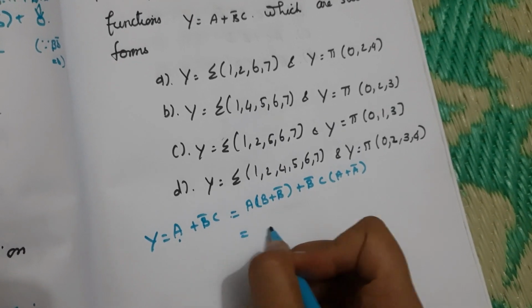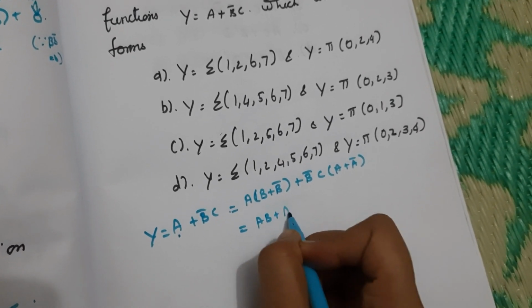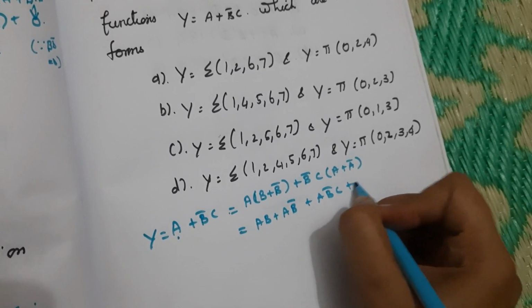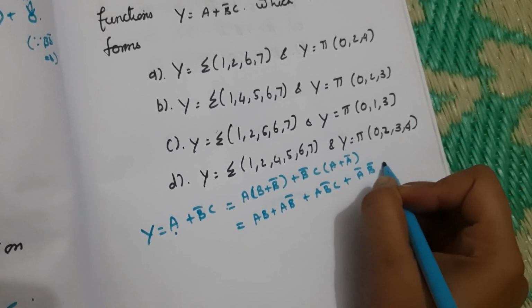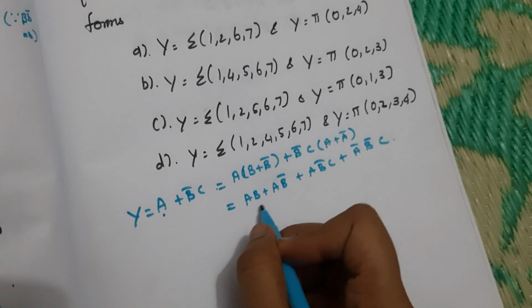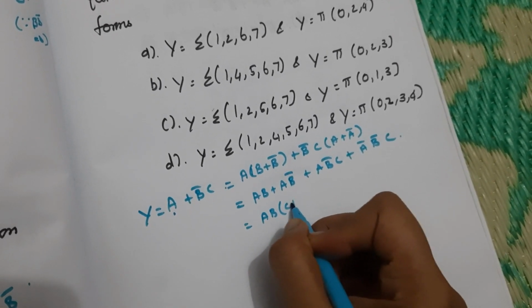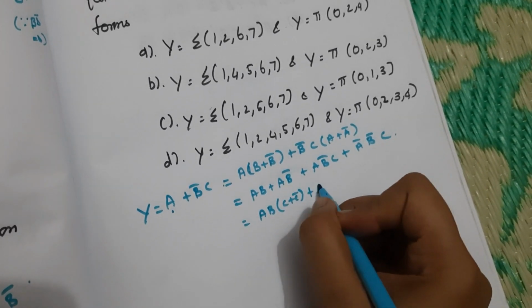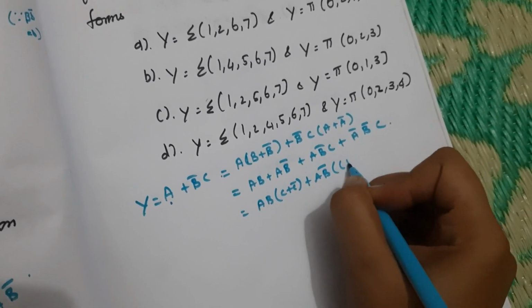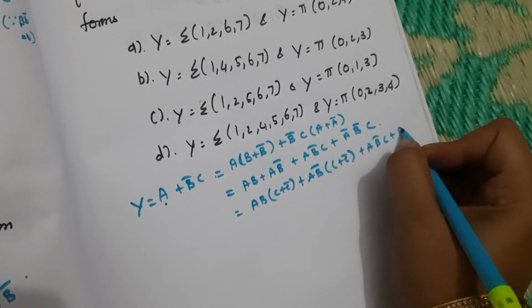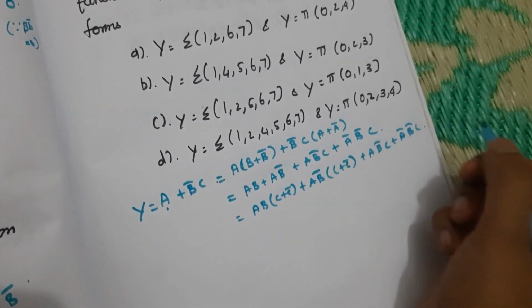So we will get AB + AB' + AB'C + A'B'C. Now again the C term is missing here, so another one, C + C'. Here also AB'(C + C') + AB'C + A'B'C.